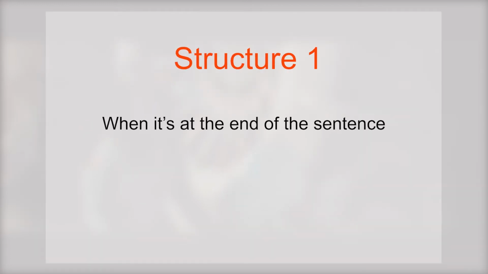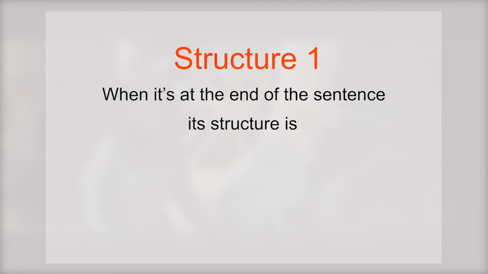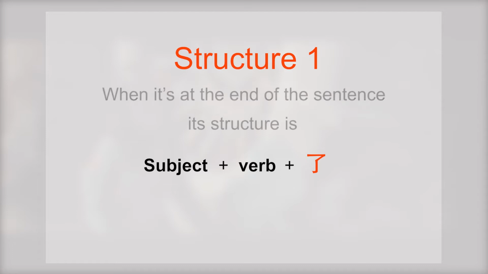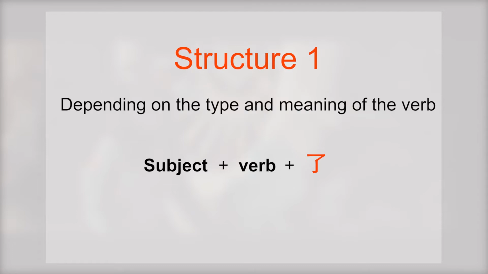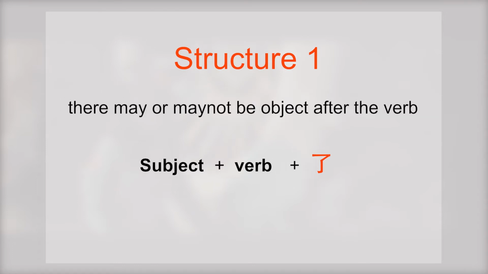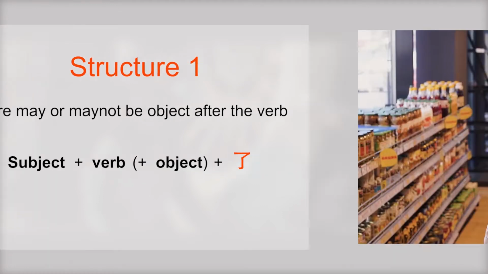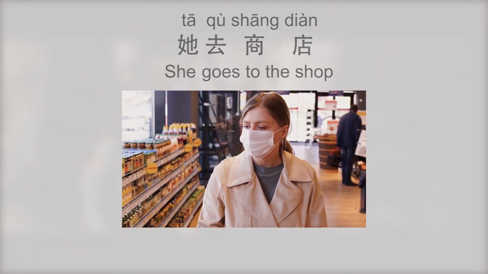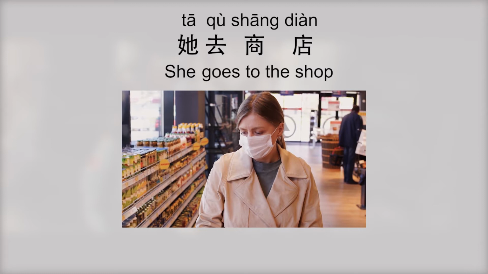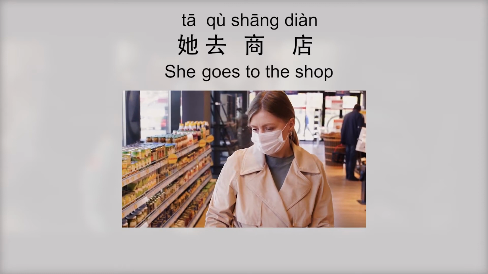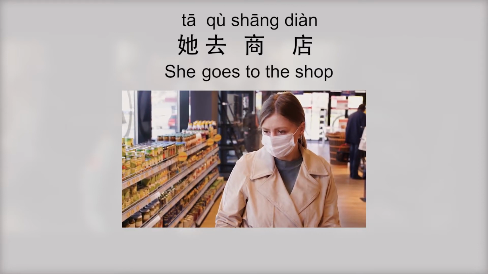When it's at the end of the sentence, its structure is subject plus verb plus le. Depending on the type and meaning of the verb, there may or may not be object after the verb. Example with the object. 他去商店. She goes to the shop.